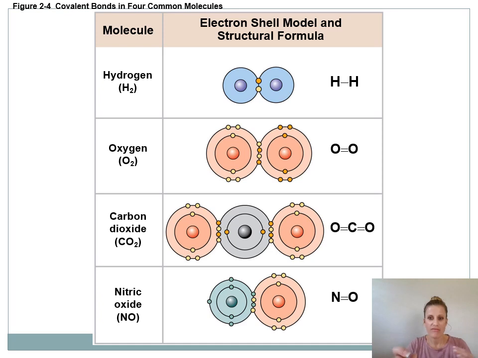So if I have two hydrogen atoms like this, they both really want one more electron, right? So this guy can look at the other one and be like, hey, give me yours. And then he's like, no, you give me yours. So instead of one of them stealing it from the other, it's better if they just come together and share what they have. And this is what ends up happening.